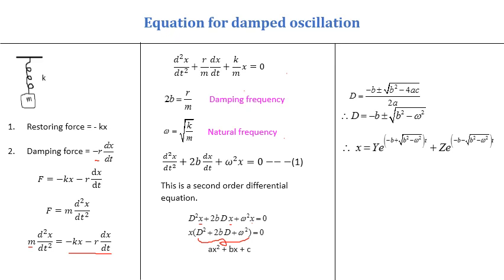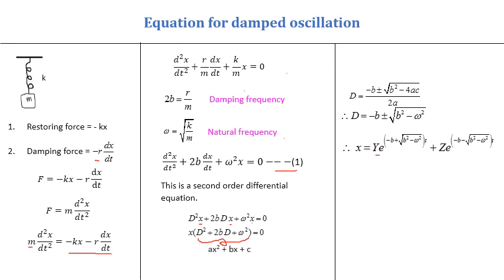Since expression 1 is a second order differential equation, the solution will be in the form x equal to y into e power minus b plus square root of b square minus omega square into t, plus z into e power minus b minus square root of b square minus omega square into t.